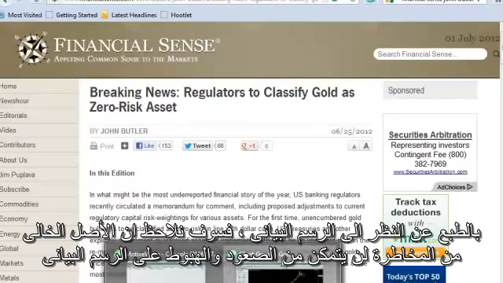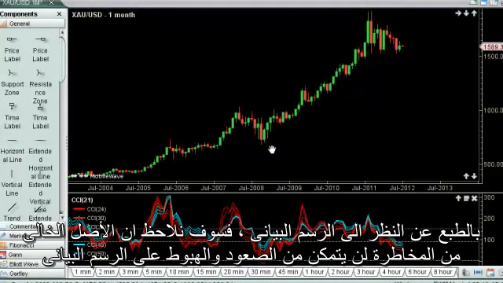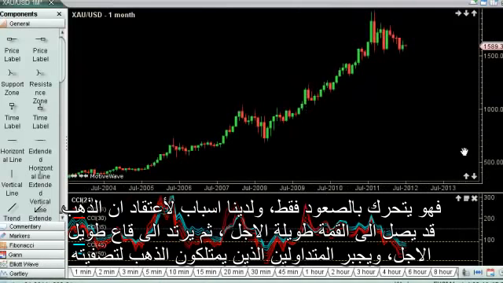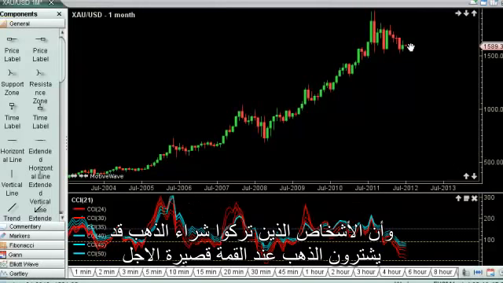Of course, if you look at a chart, a zero-risk asset would not be able to go up and down on the chart. It would only be able to go up, and we have reason to believe that gold may reach an all-time long-term high and a long-term turning point, and that the people who have gold are looking to liquidate it, and that the people who are excited about buying gold could be buying at the top in the near future.